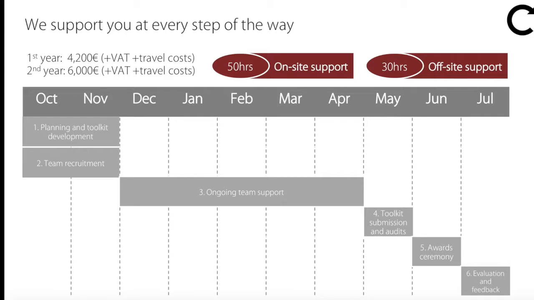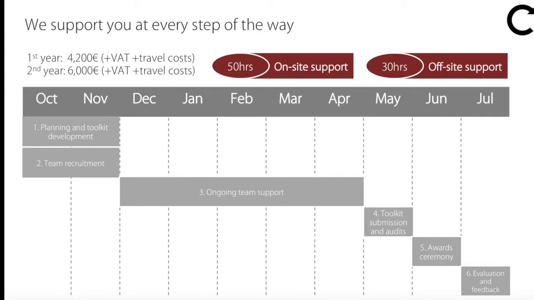Then at the end of April, for example, is the toolkit submission. Then in May, the audits can take place where the students go around and meet with the different teams. Then June could be the award ceremony. And in July, we can evaluate and feedback on how Green Impact ran at your university. Then already start planning the next year, 2018-19 or 2019-2020.